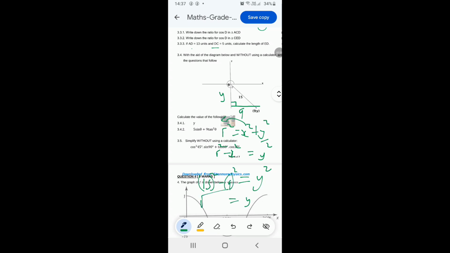We square root that. 15 square minus 9 square. Our answer is 12. But not just 12, minus 12 because of where it is positioned. This is where we find the y values which are negative. So our y is minus 12. Let's do this one.